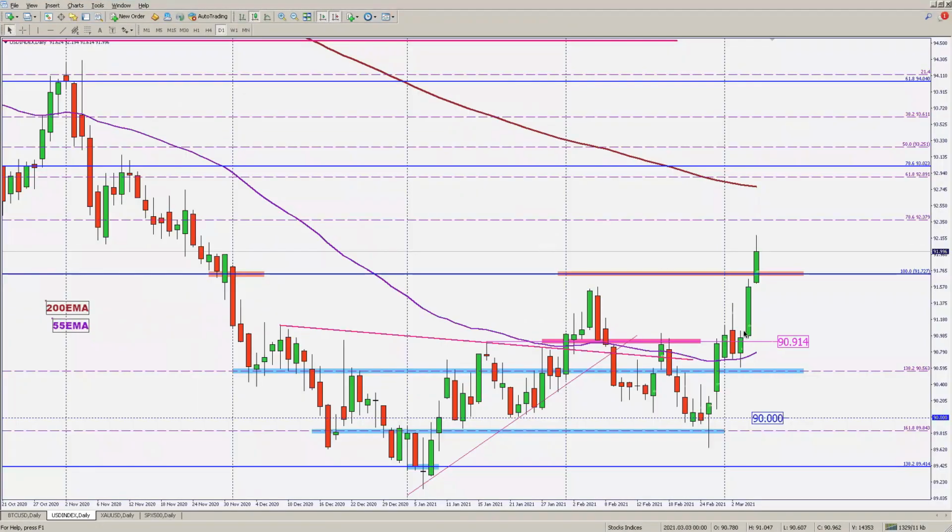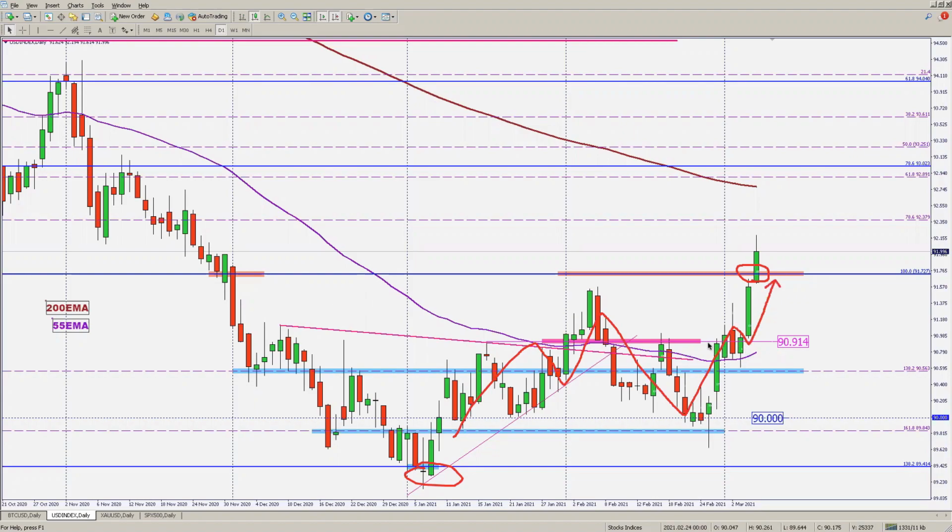This is the US dollar index, and this was the key resistance that we've been highlighting for quite a while now, ever since the beginning of the year, where it's been attempting to recover and bounce higher, and has finally broken through last week.